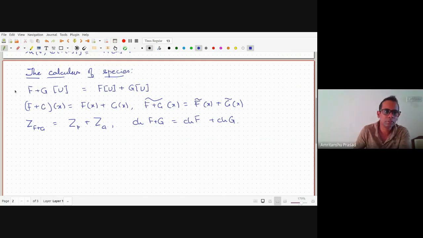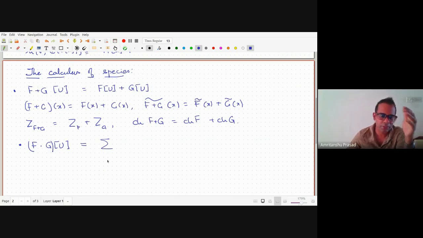So this is very easy, and more interesting is F times G of U. So an F times G structure on U is defined to be a disjoint union. So when I say sum, I mean disjoint union. So the sum of sets is disjoint union.